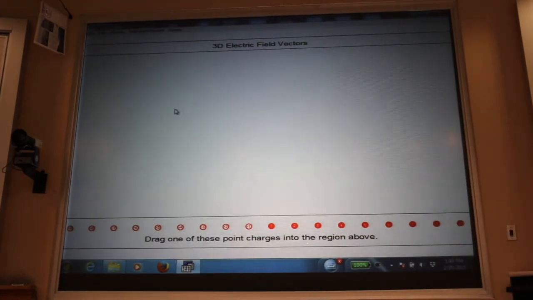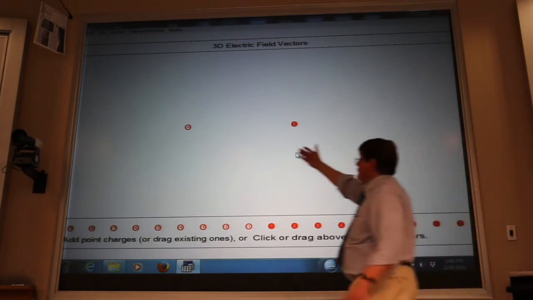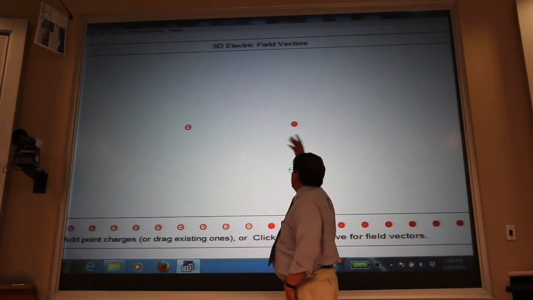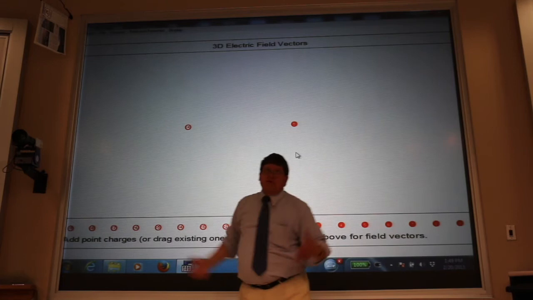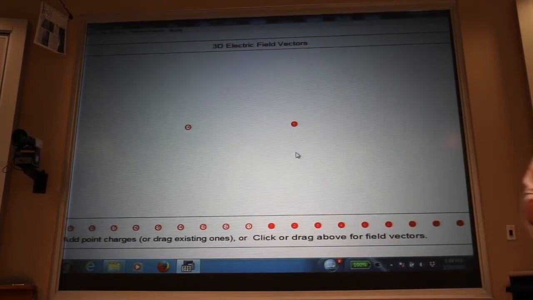So this program of David's allows you to put sources. I'm going to put a -4 next to a +5. Now, this might be +5 coulombs and -4 coulombs, or +5 microcoulombs and -4 microcoulombs. It's all relative.